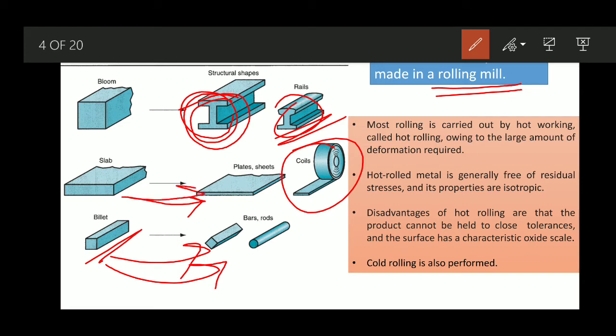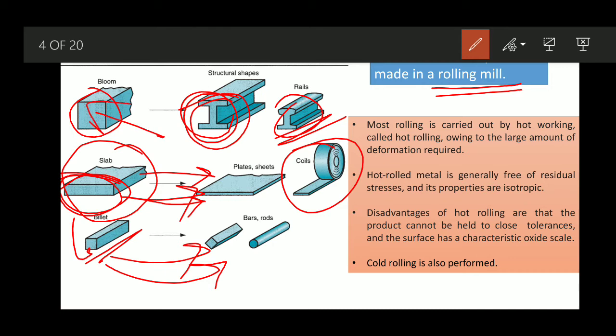So why do we generally choose slab to manufacture sheet? Because slab already has a particular cross section. In the case of billet or bloom we have a square cross section, but here we have a rectangular cross section.